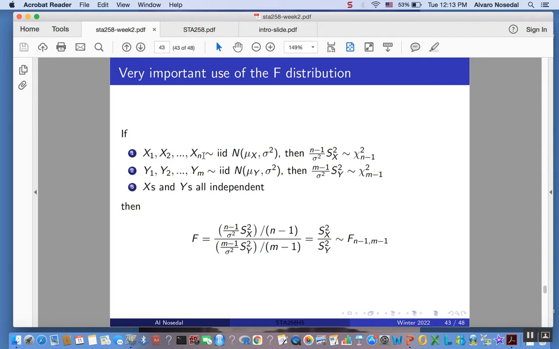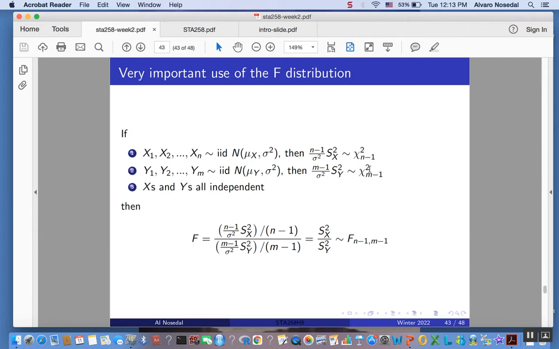Now if you have another sample independent of the first one, also coming from a normal, where the mean could be different but we have a common variance, then you could construct a similar quantity, again based on the result that we discussed in theorem 7.3.